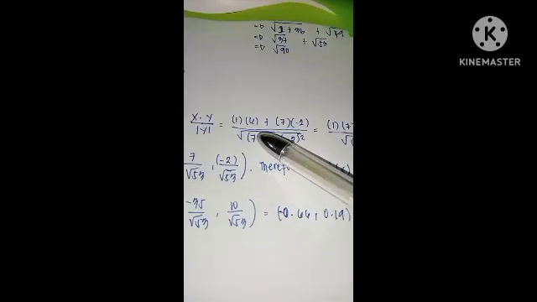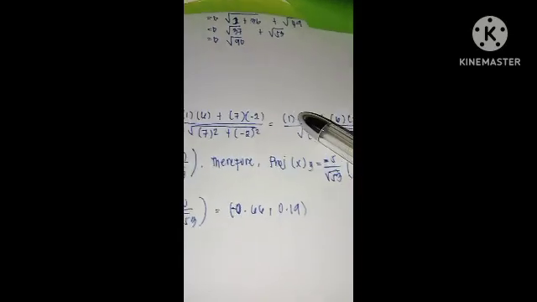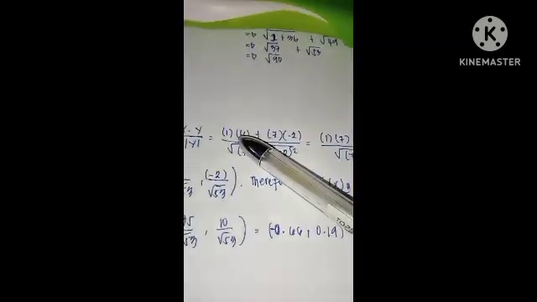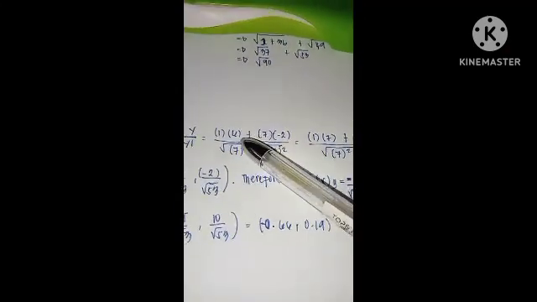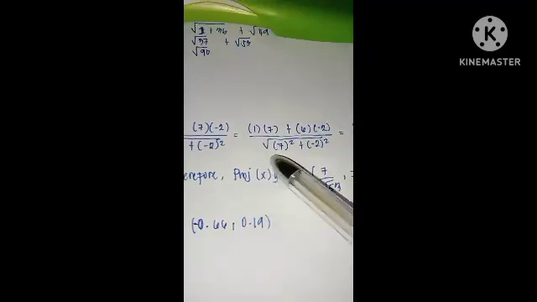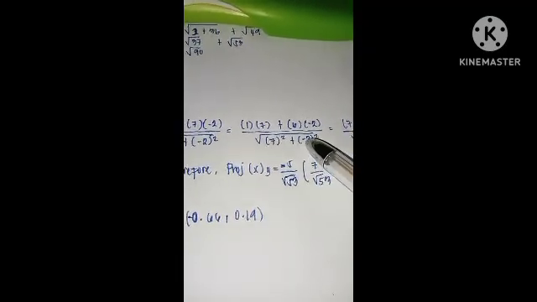So we combine the x here and the x here. The x here is 1 and the x here is 7, and the y here is 6, the y here is negative 2. So over the square root of 7 to the power of 2 plus negative 2 to the power of 2.